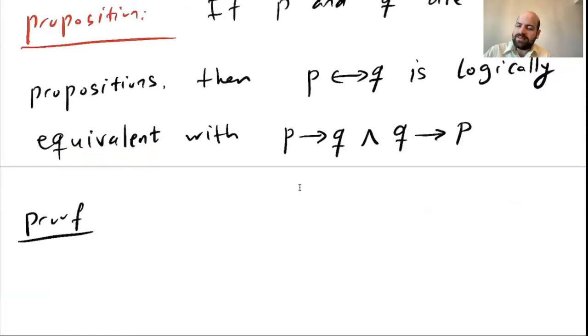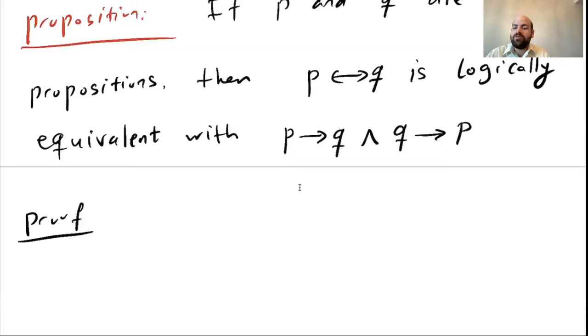So what is the easiest way to prove here? Well, in order to make a decision about the method of proof, you have to always look at the definitions. Here I have a definition for logically equivalent. Again, for the definition, I provided two versions, but the easier version was using a truth table.